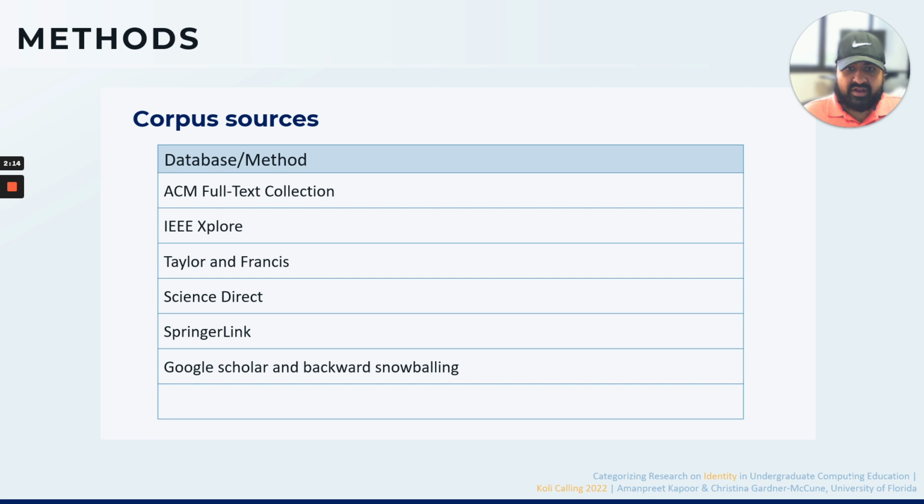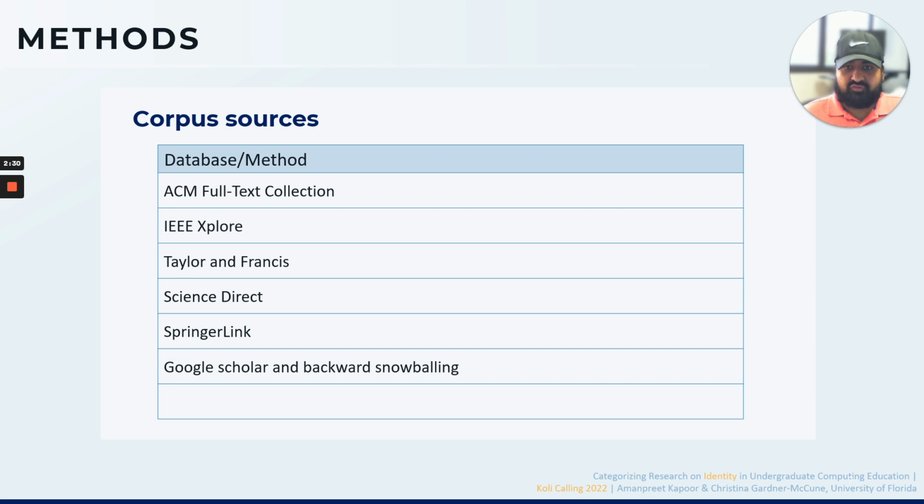The papers were identified in 5 databases, which include ACM, IEEE Xplore, Taylor and Francis, ScienceDirect, and SpringerLink. We also used Google Scholar and backward snowballing to identify prior work.